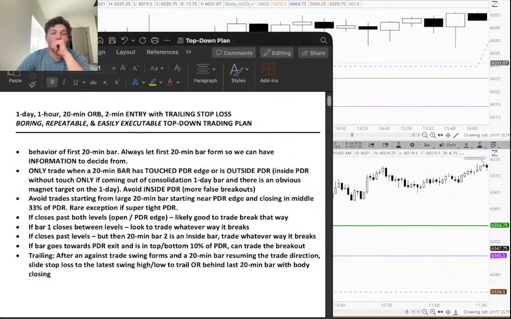Up, up, down, up. Up, up, up, up, up, up, up, down, up.